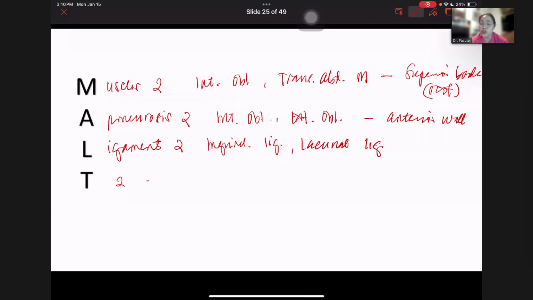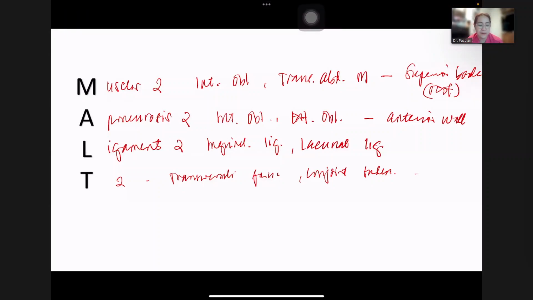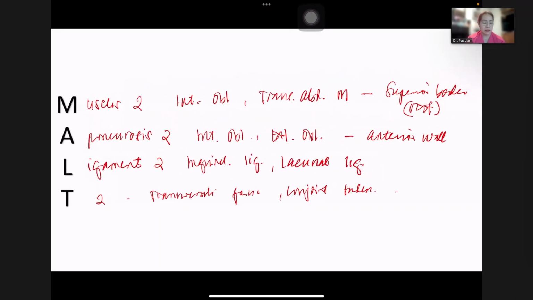And your T structures would be your transversalis fascia and your conjoint tendon, medial location. Okay? So that's just a shortcut. You can make a screenshot of this, but you also have this in Moore, in table 2.5.